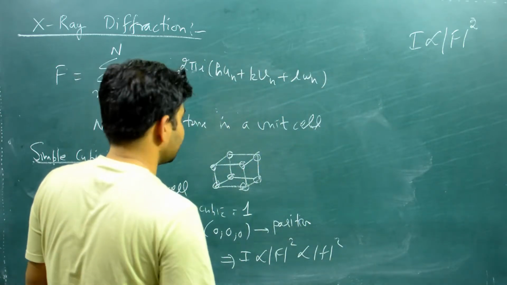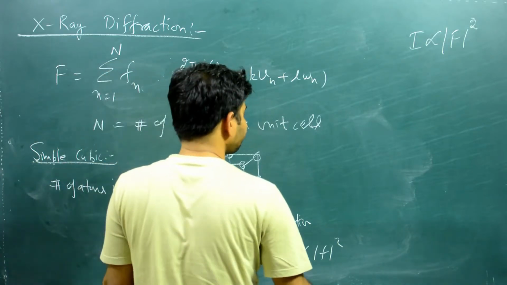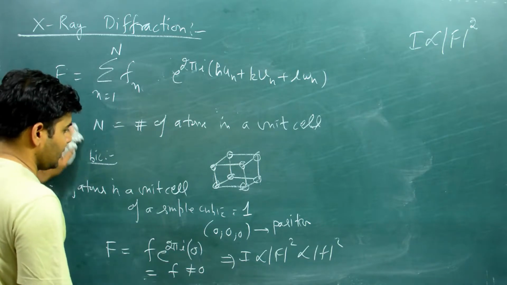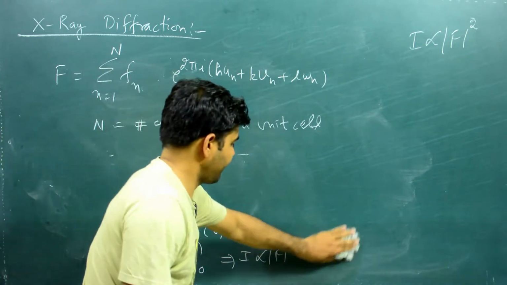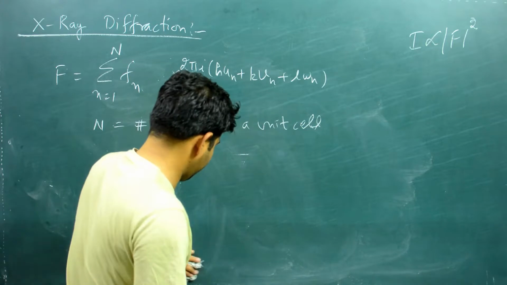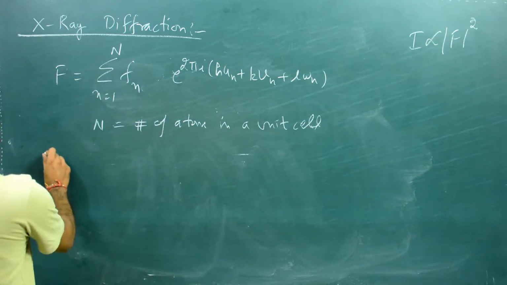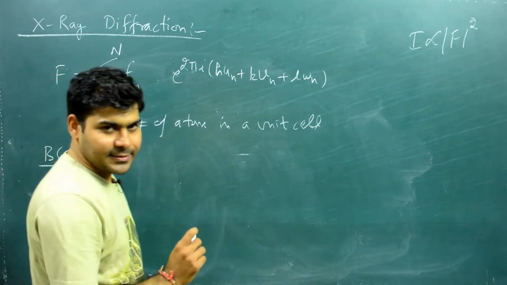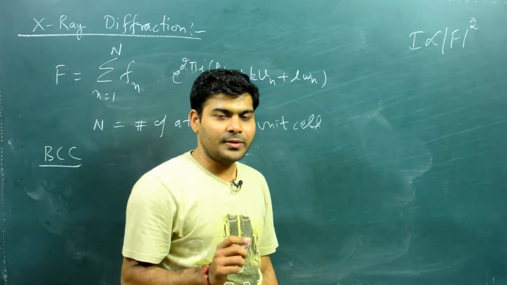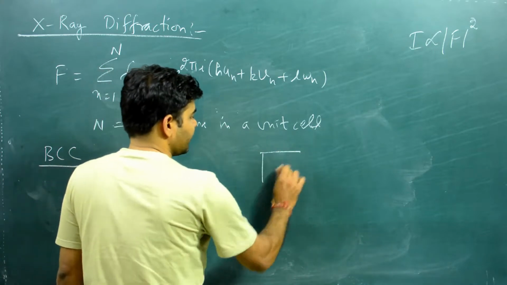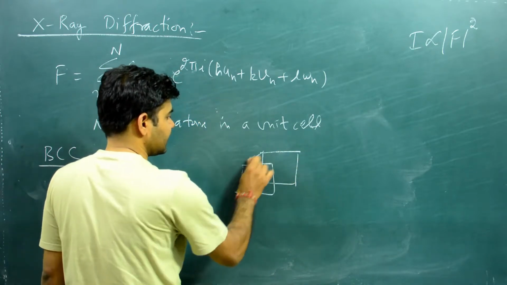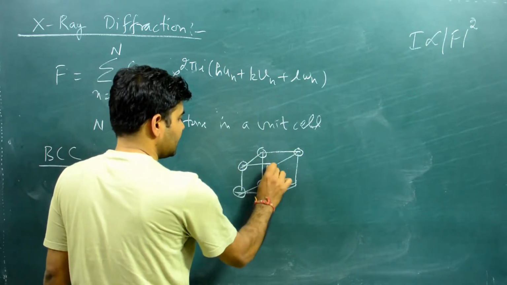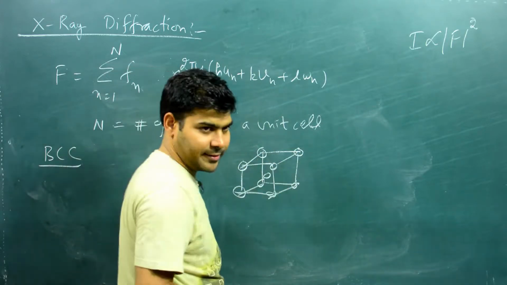Now let's discuss the case of BCC, for example. In the case of BCC, that is body-centered cubic, we have the same cubic unit cell as earlier, with 8 atoms at the corners and one at the center of the body.